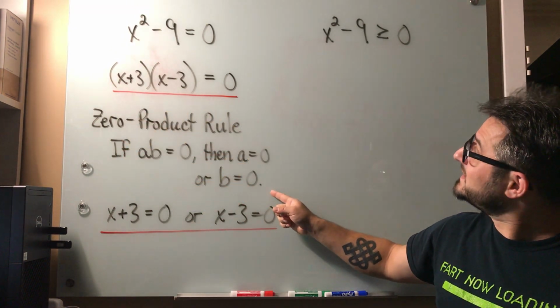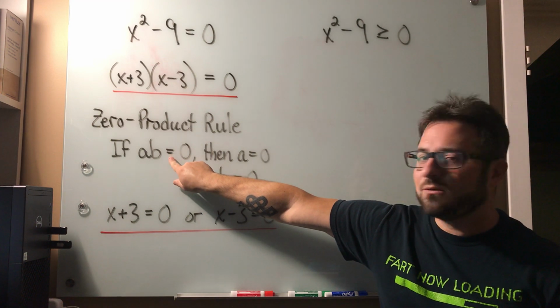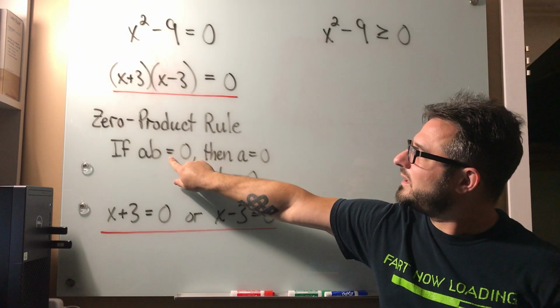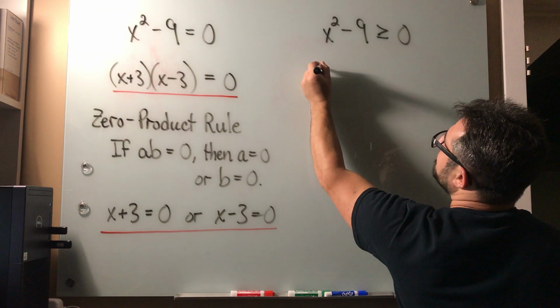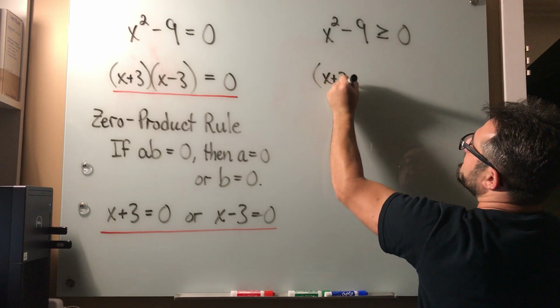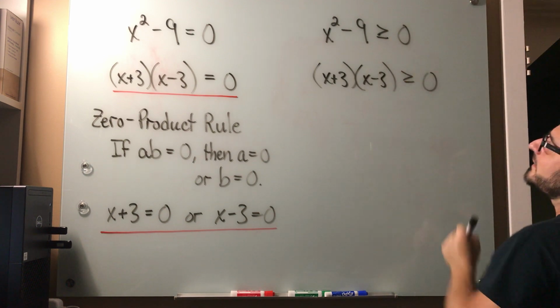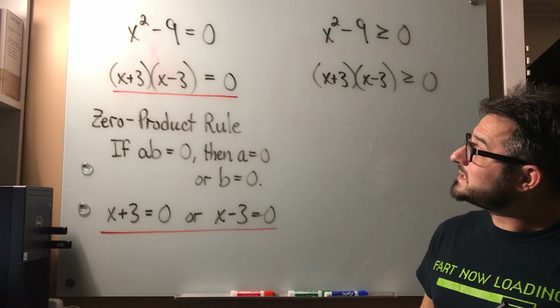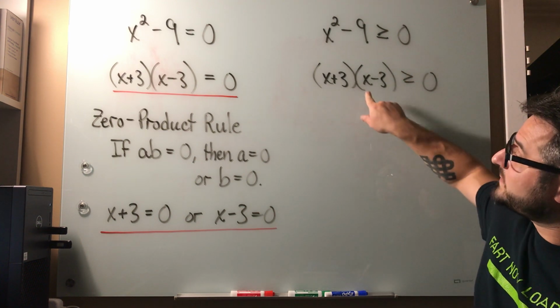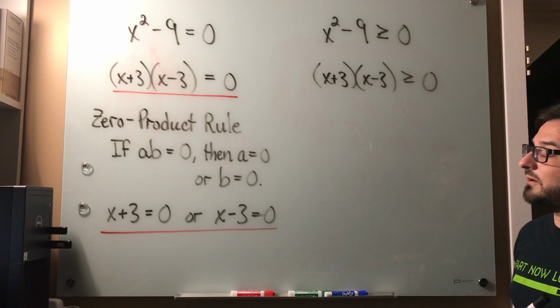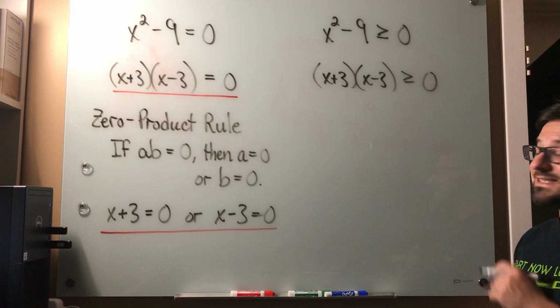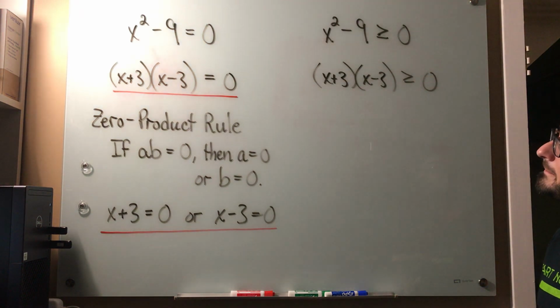So the question is, how important is that equals? If we do factor this, we're now in a situation where we have a times b is greater than or equal to 0. The question is, does that zero product rule still apply?